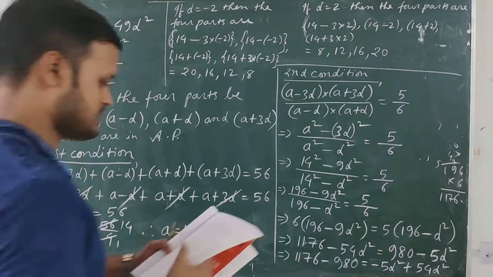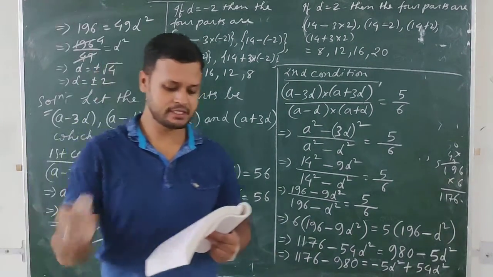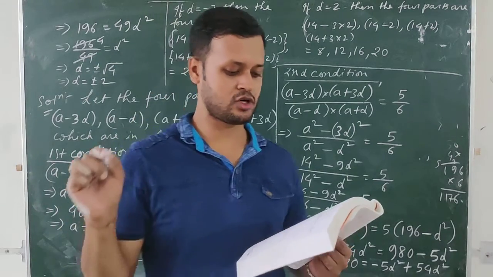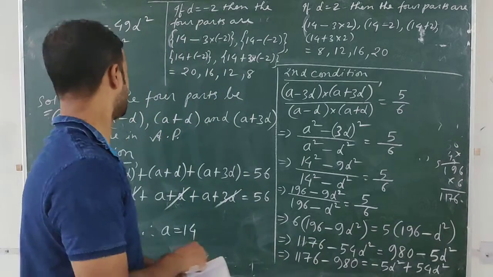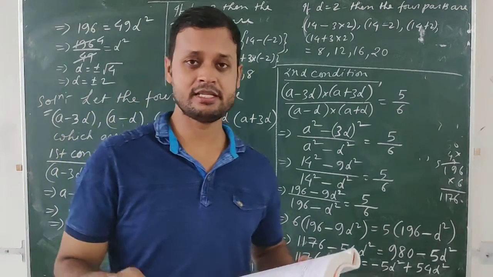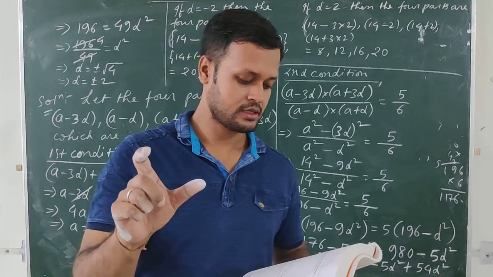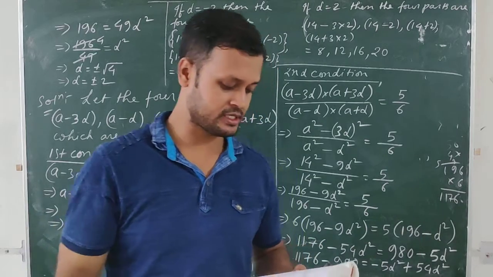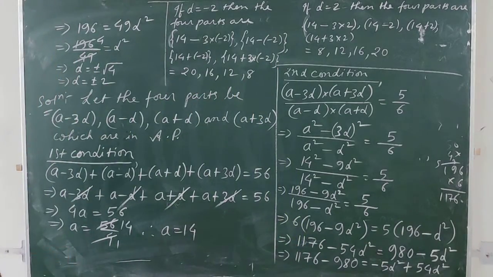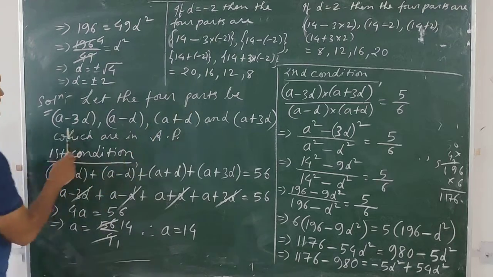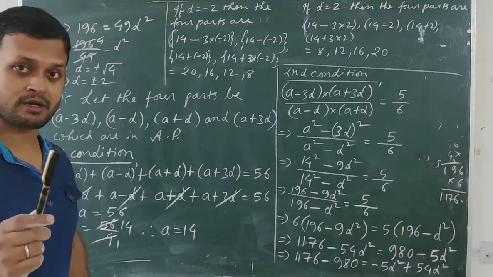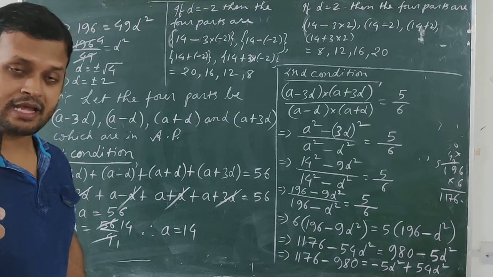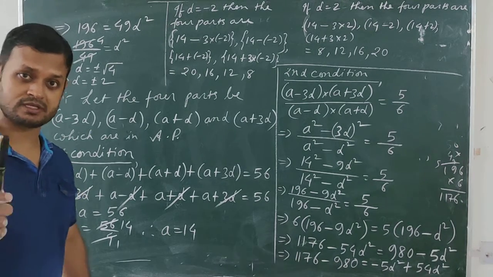So students, let us see this very interesting sum again. Divide 56 into 4 parts in AP such that the ratio of the product of their extremes to the product of their means is 5:6. That means the 4 parts together make 56. Remember, when you are taking an odd number of terms, the common difference should be d, and when you are taking an even number of terms, the common difference must be 2d.